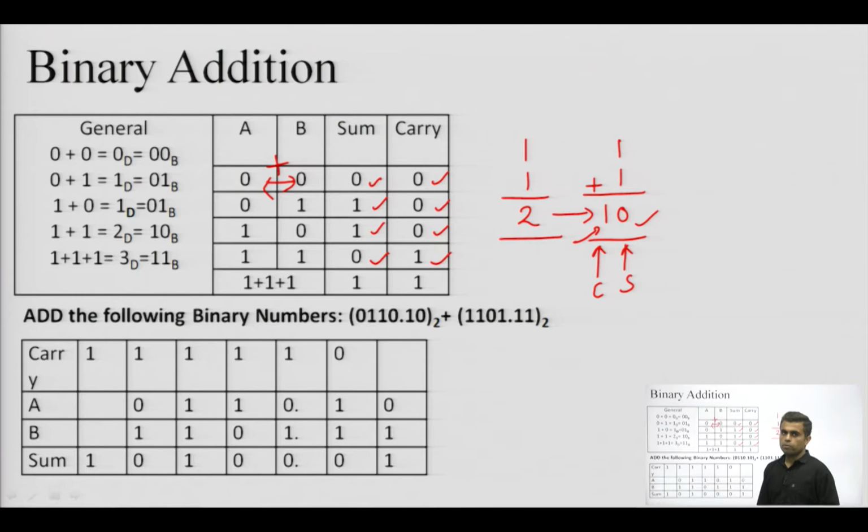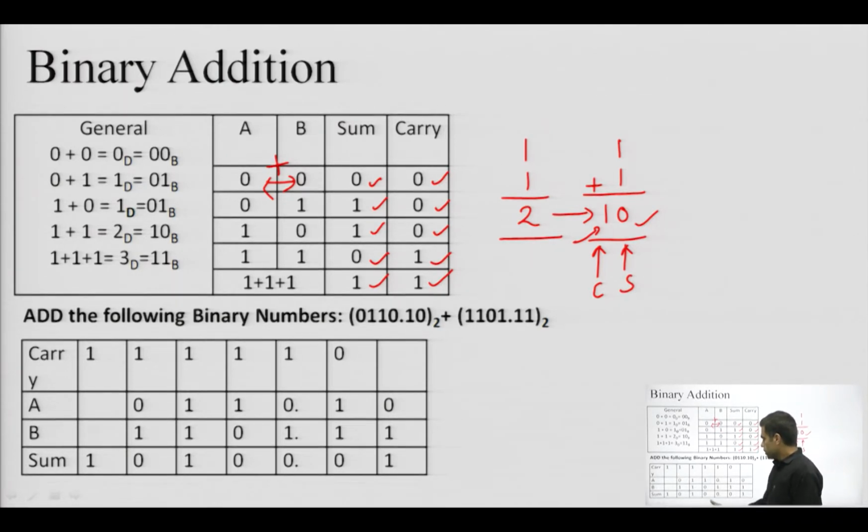Similarly, if we take the previous stage carry into consideration, then there will be 3 ones to be added, 1 plus 1 plus 1. Ideally 1 plus 1 plus 1 is equivalent to 3 in decimal, and when 3 is represented in binary, it is 1 1. That means sum is also 1 and carry is also 1. In this way, this becomes the rule formation for our addition part.